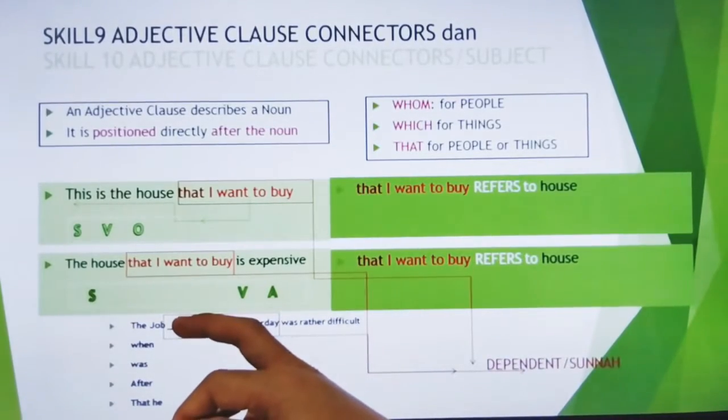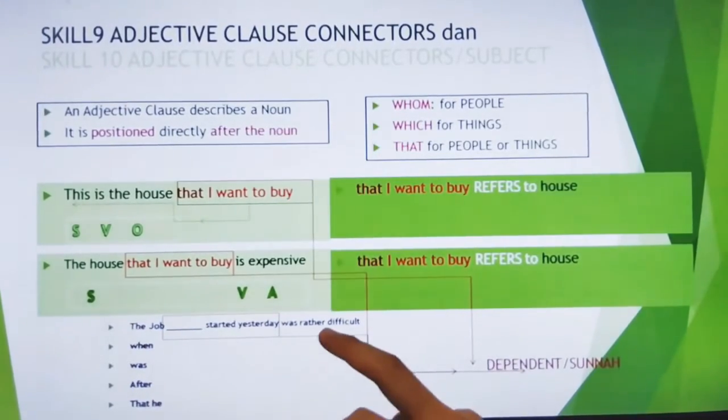If we just omit this, the sentence is still correct: the job was rather difficult.